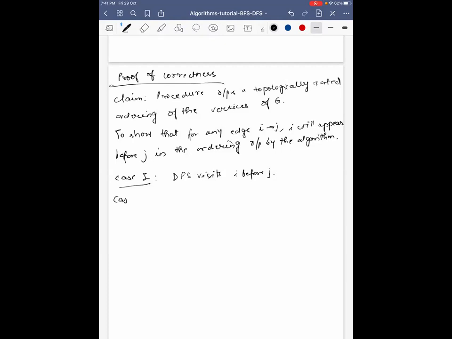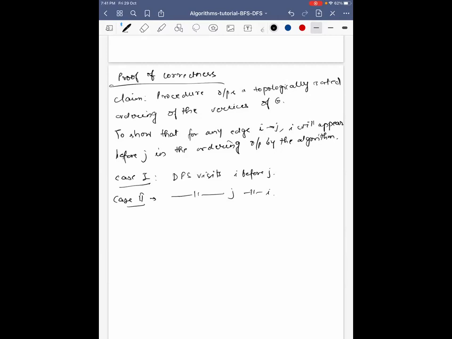And the second case is when DFS visits J before I. Now, if this happens, then it is certain that I will not be discovered by DFS when it is exploring J, because if that happens, then you end up creating a cycle in your graph. Right? Right, sir.